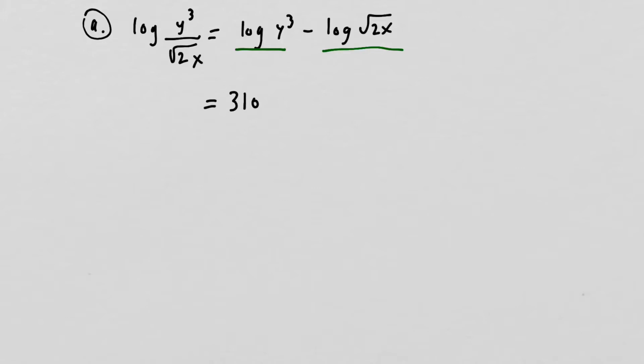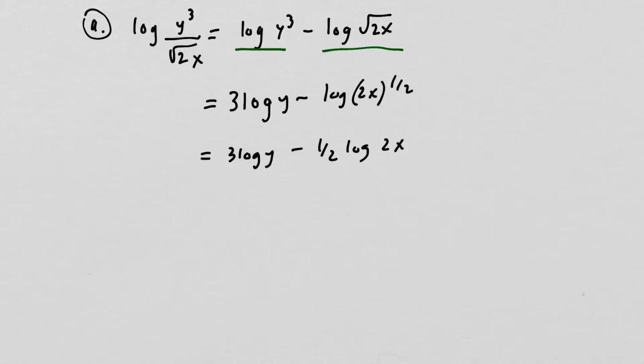What we get is 3 times the log of y minus the log of 2x raised to the 1/2. Simplifying one more time, this becomes 3 log of y minus 1/2 of the log of 2x. This expression here is our logarithm fully expanded out.